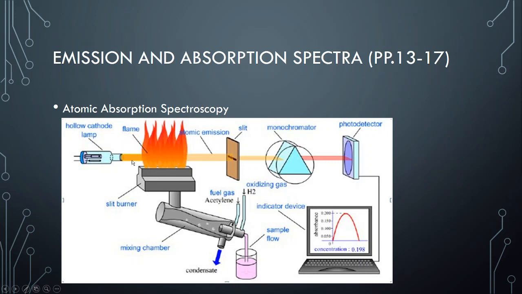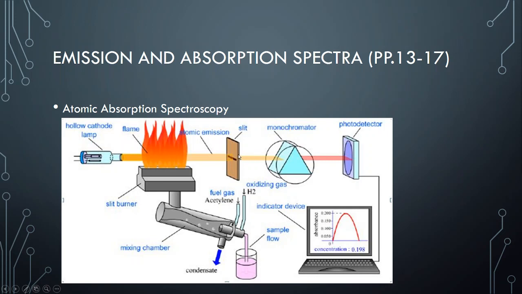So the intensity changes. The intensity of light, which was deeper here, becomes a bit less. So it is a much lighter orange color here. That shows that the sodium here was absorbing a particular light with a particular frequency.